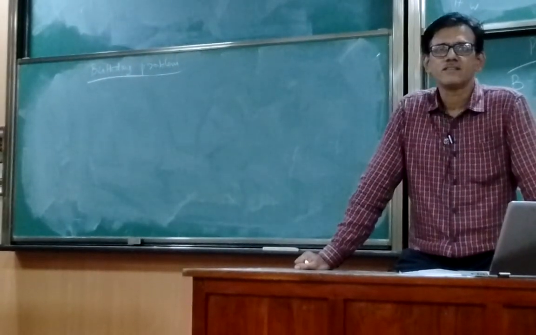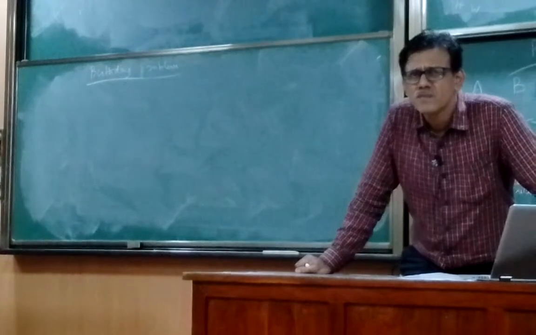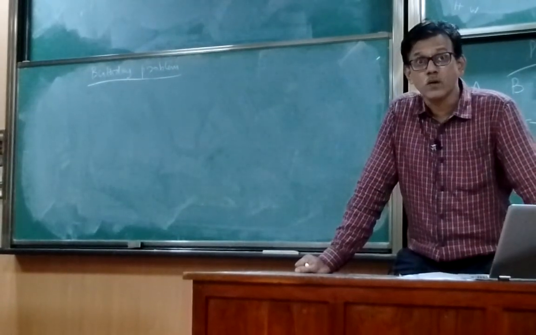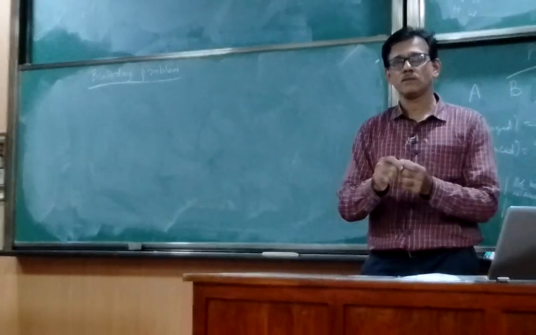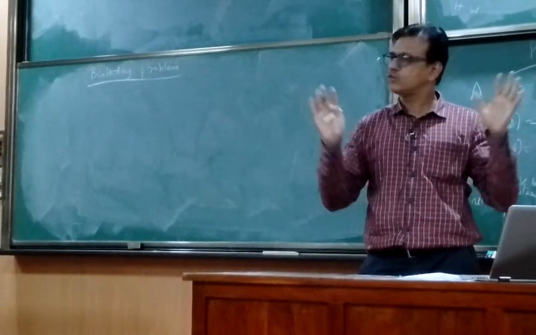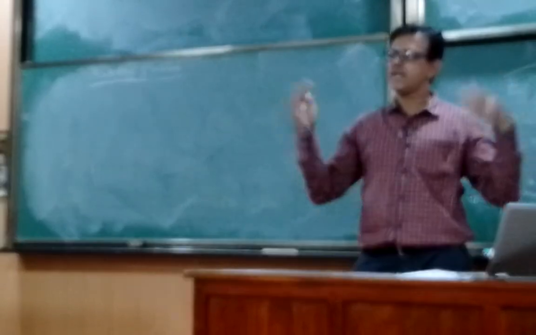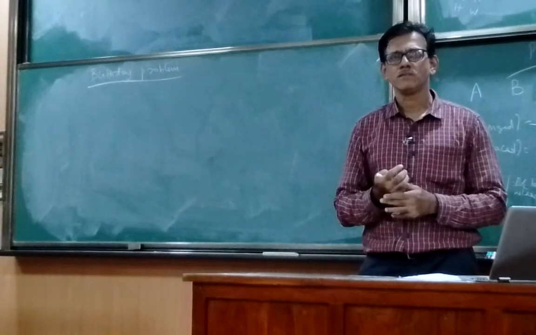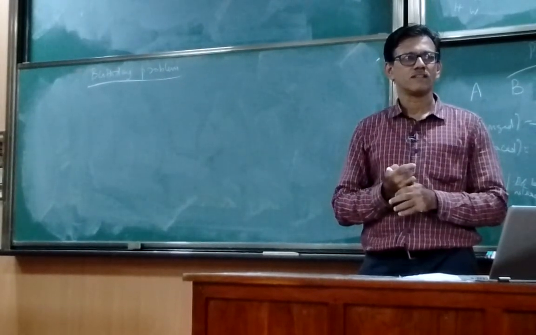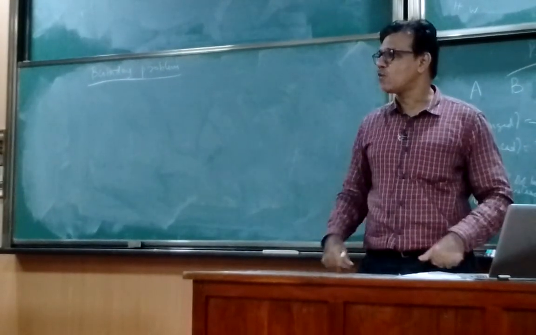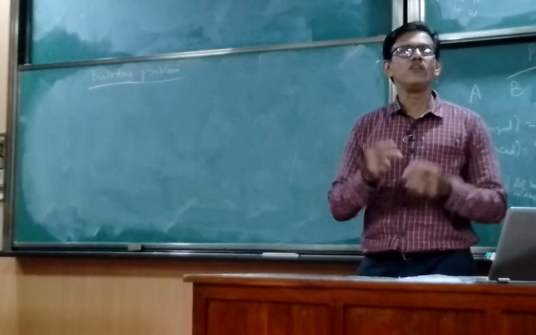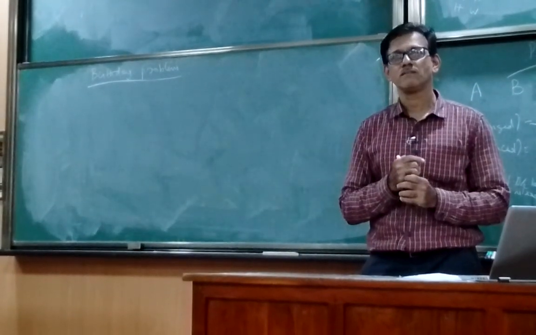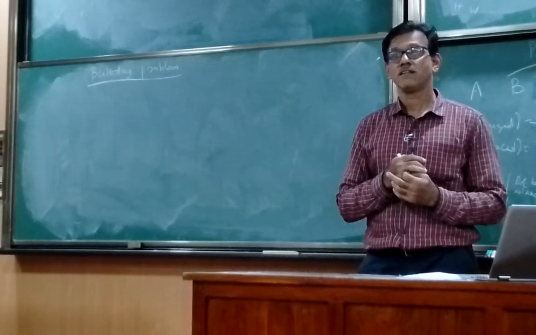Sir, what is the total number of people? Total number of people in the party. No, I am not telling that one. Probably the two random people. Or I will tell you, there are a certain number of people. Let's say you have got 40 people. For example, in this class, what is the probability that two of you will have the same birthday? 90 people are here.